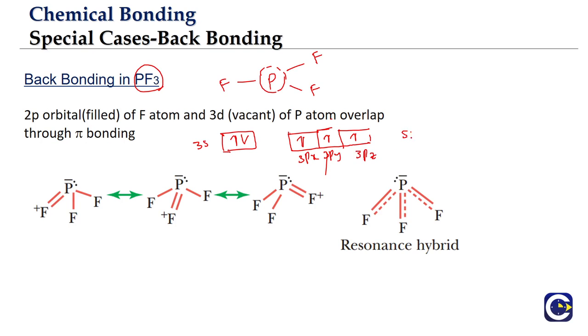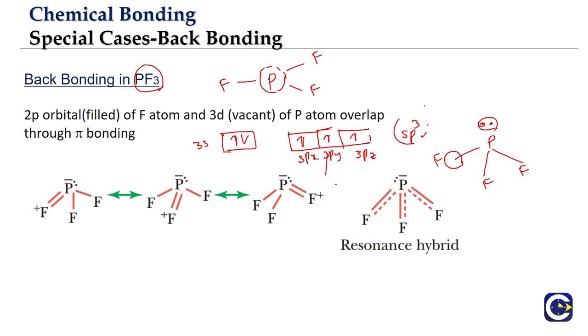It will undergo sp3 hybridization. So one of the sp3 orbitals will have the lone pair, and the other 3 sp3 orbitals are used for bonding with the 2pz orbital of the fluorine. As a result, the phosphorus will be able to achieve the octet.